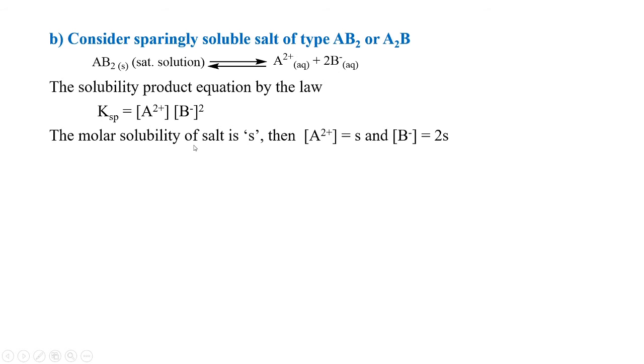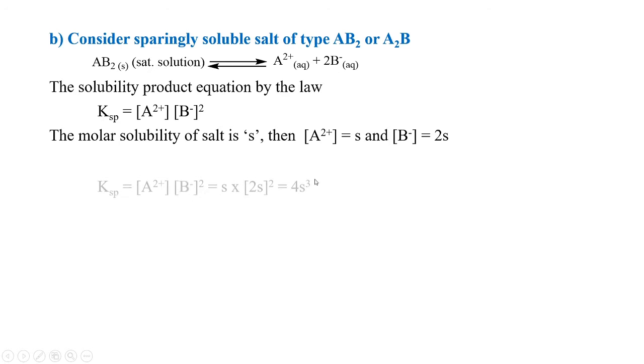If the molar solubility of the salt is S, then [A2+] is equal to S, and similarly [B-] is equal to 2S, because here the number of moles is 2.